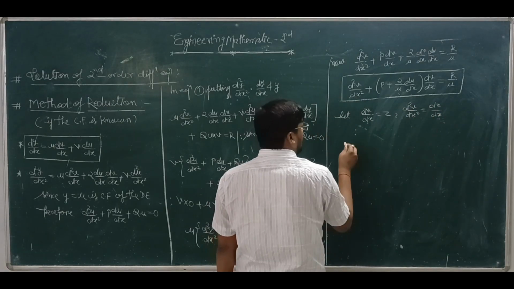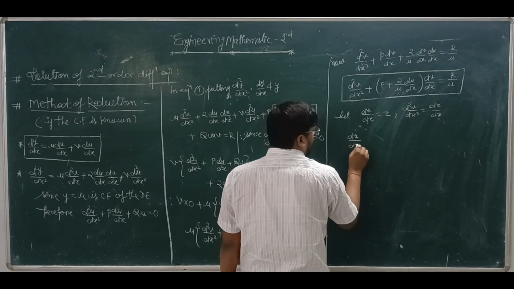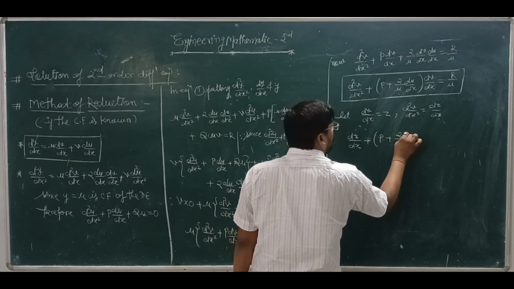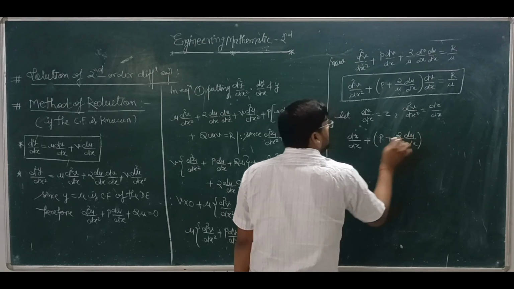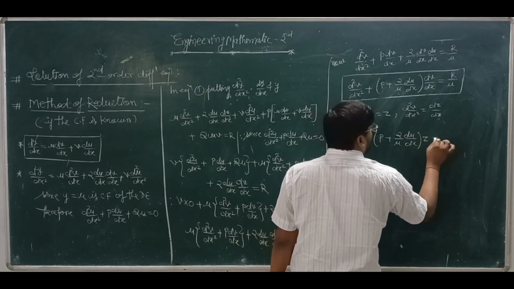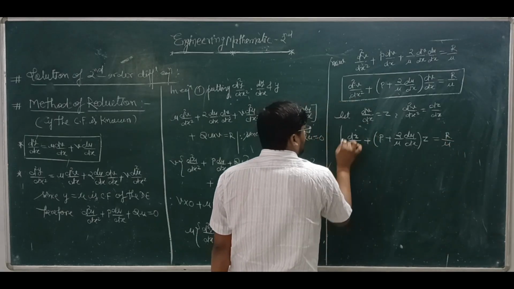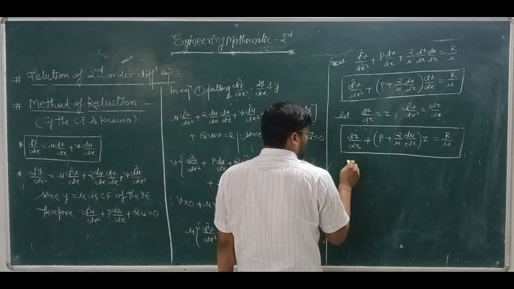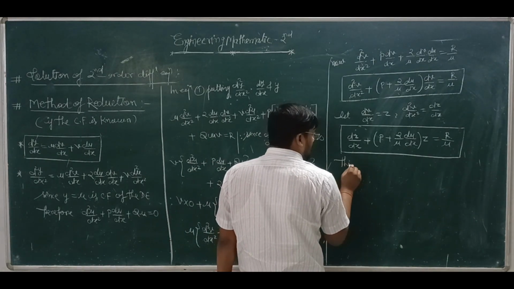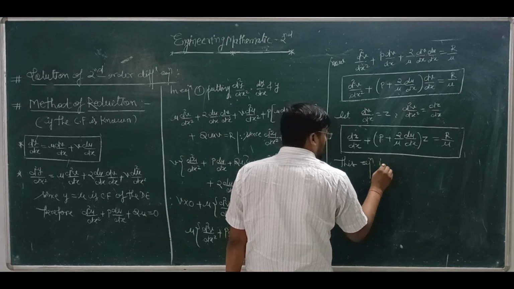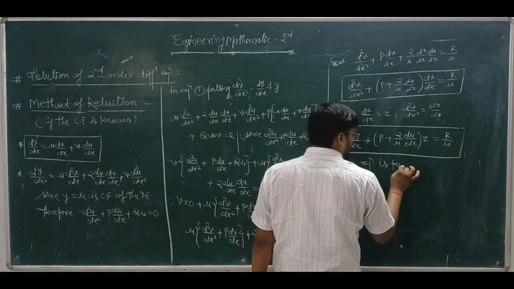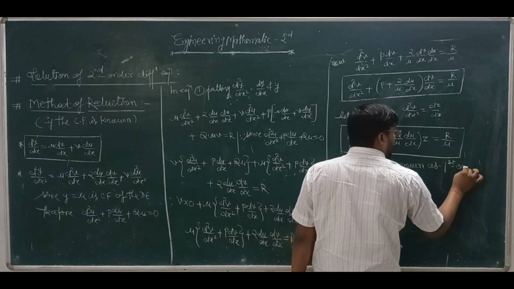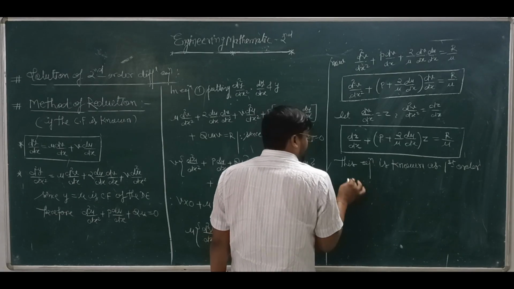Now you can put this value, you can write dz of dx plus p plus 2 by u du of dx into z is equal to r by u. This is a first order linear differential equation.